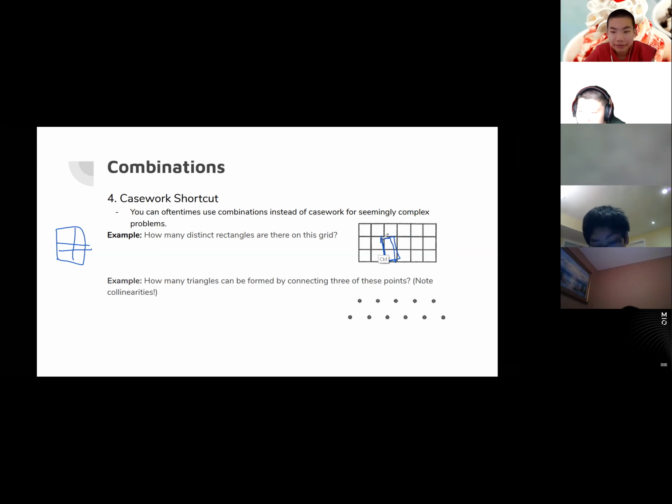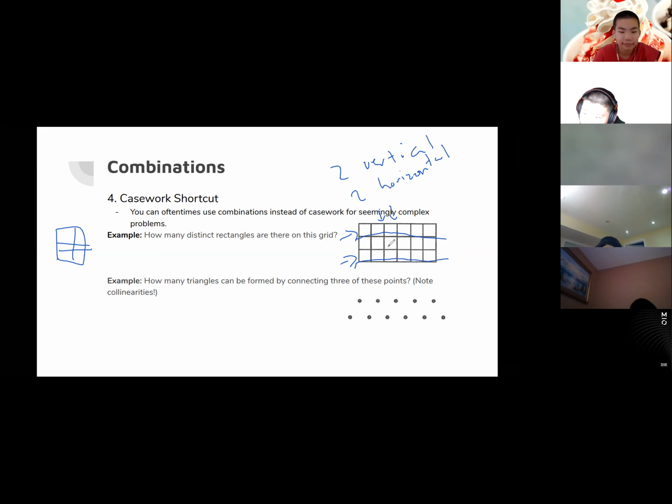So if we just choose 2 vertical lines and 2 horizontal lines, for example, if we choose this line, and then this line, and this line, and then we draw these out, we will always get one rectangle that is bounded by all these 4. In this case, it's this one.